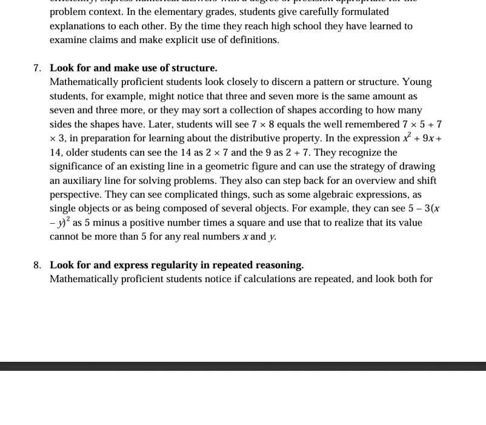They can see complicated things, such as some algebraic expressions, as single objects or as being composed of several objects. For example, they can see 5 minus 3 times (x minus y) squared as 5 minus a positive number times a square and use that to realize that its value cannot be more than 5 for any real numbers x and y.